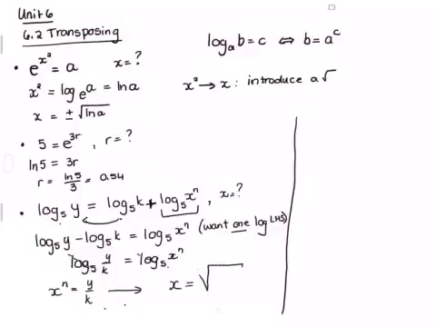Opposite of to the n, nth root of y over k. I don't take a log because the x that I want is not the exponent in this question. The exponent is a number, so to get rid of that, I take the nth root.